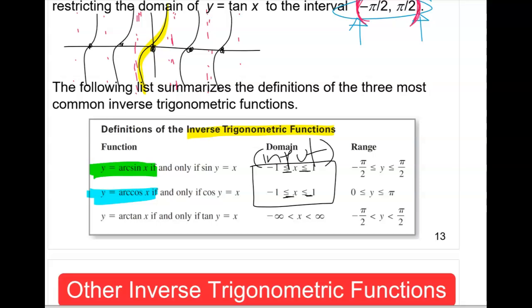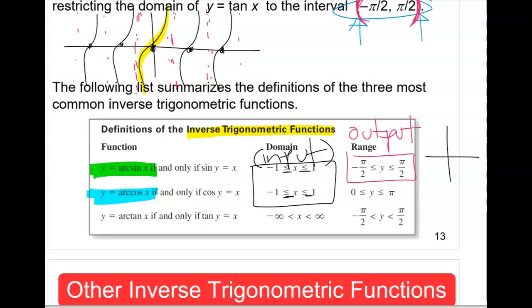Now, the range, or the outputs, are different for each. For sine, we're going to use -pi/2 to pi/2 included. With a unit circle, I actually like to show this to my students.